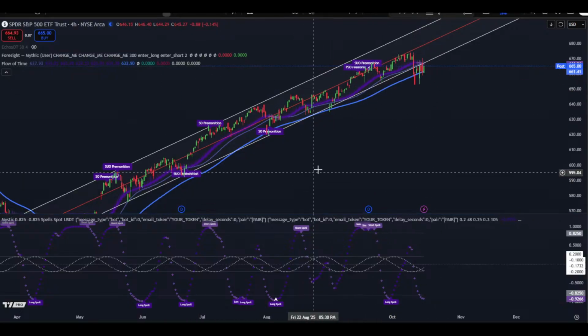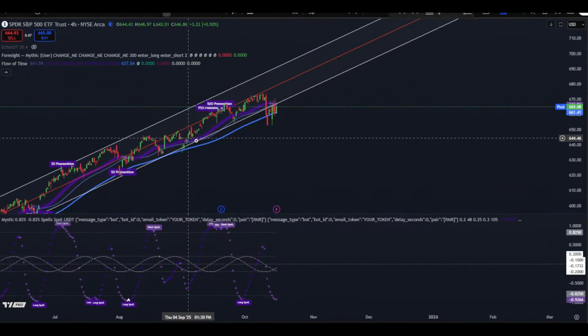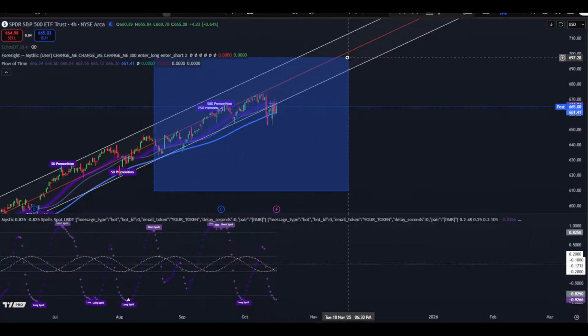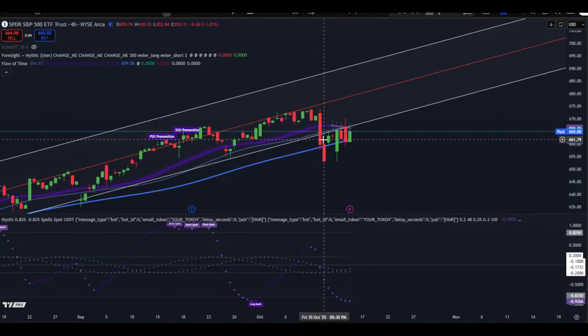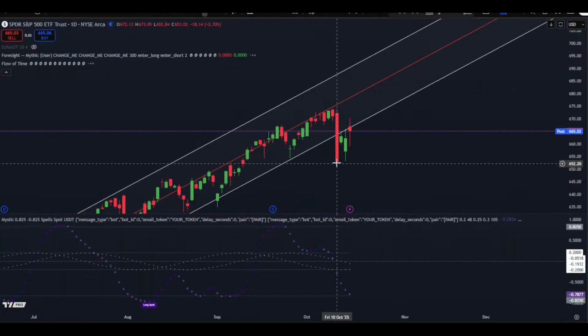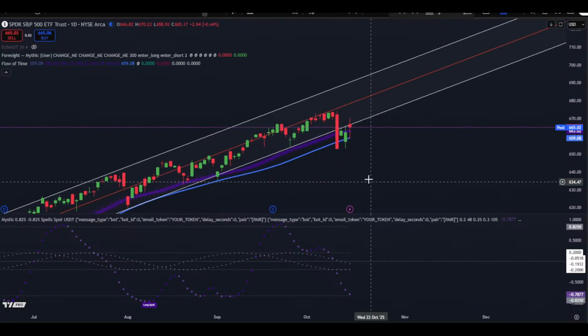What's really interesting now is if we were to notice, we have finally broken down out of this up channel. So we broke down. We actually had, we're on the 4 hour here. Let me get back to the daily. We broke down. We came back up and retested.